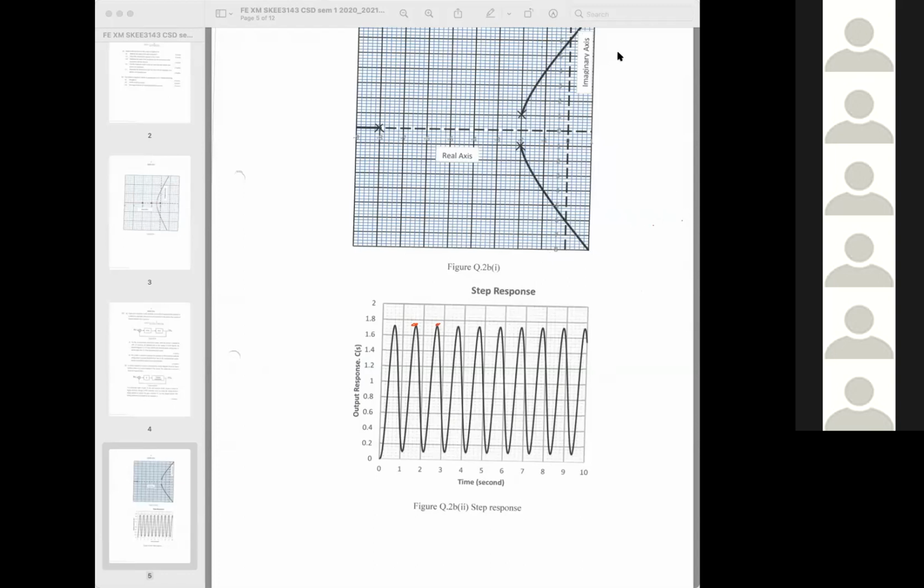As long as the value is 1 second, it's okay, right? So we just write the TU, the period of the oscillations. It lies between peak to peak, correct? Peak to peak, 1 second.